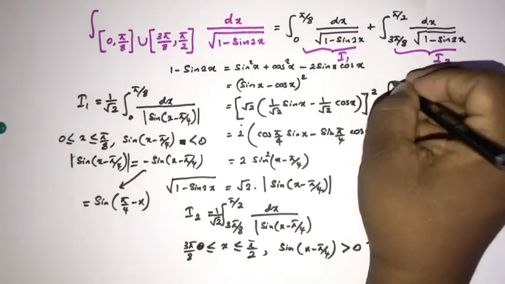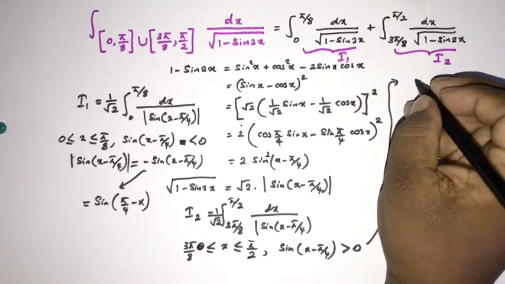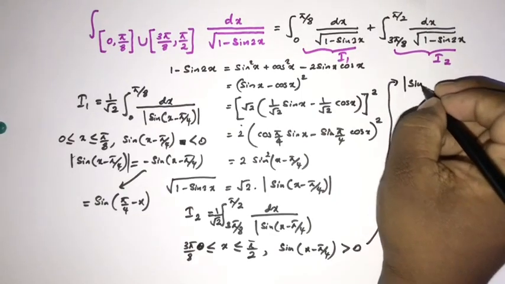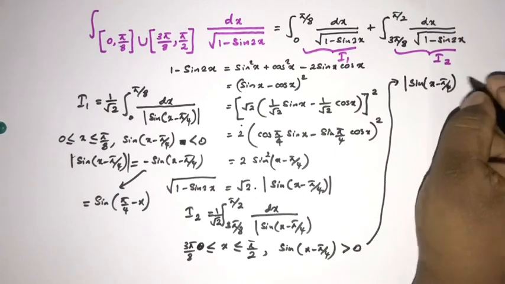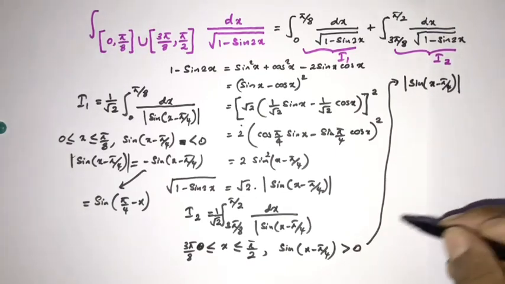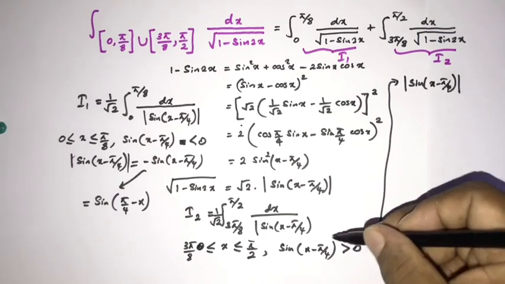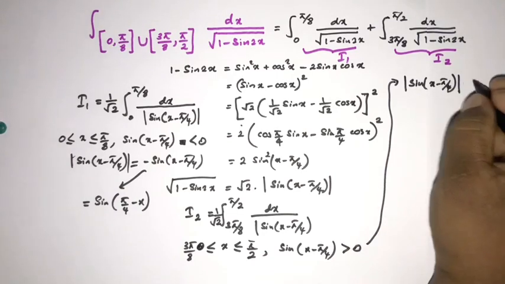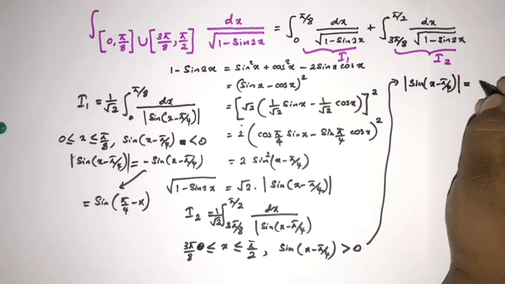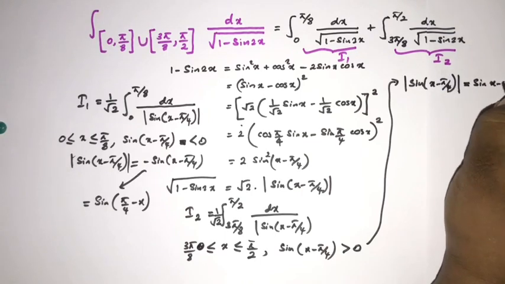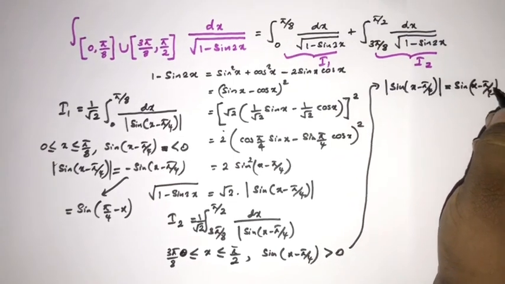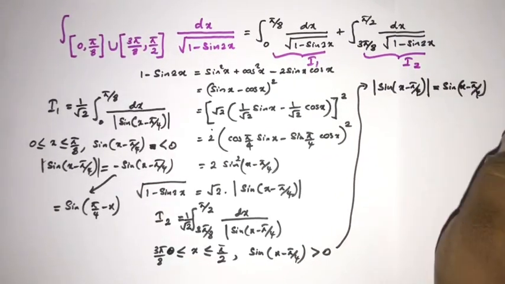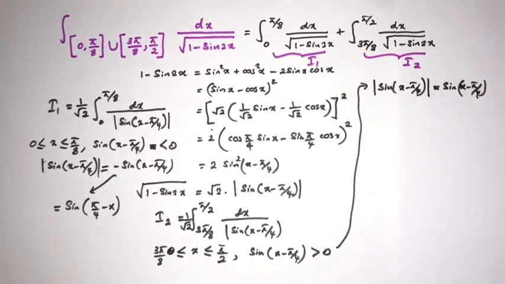Therefore the absolute value of sine of (x minus π/4) is equal to sine of (x minus π/4).